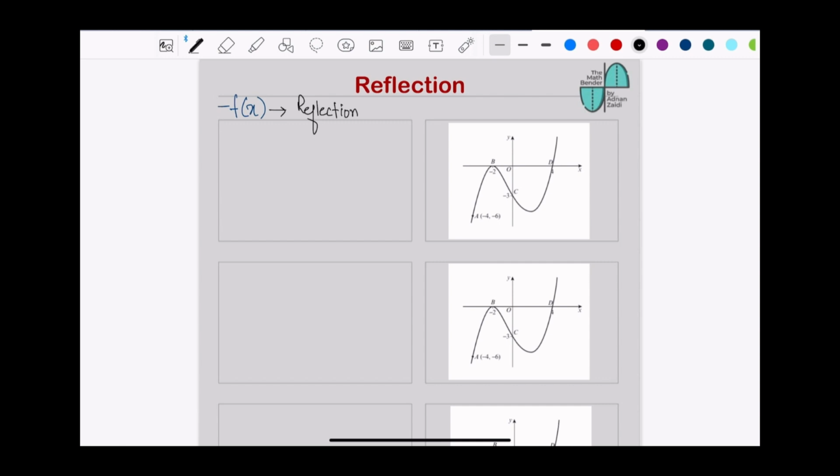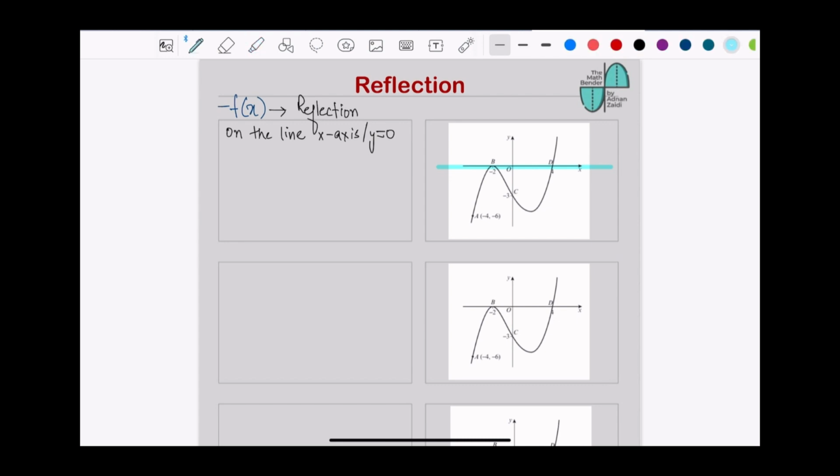So when I say reflection, the line is the x-axis, or we also call it y equals 0. So this is the mirror line here. I'll try to highlight that. This is the mirror line now. You have to draw a reflection of that graph.